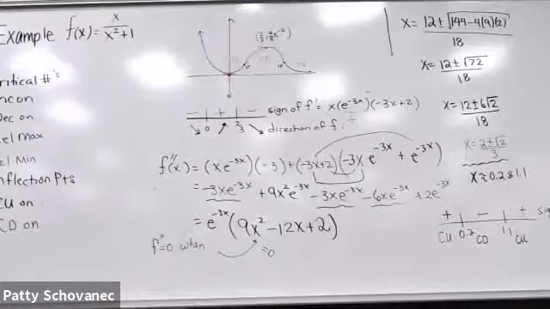So do the quotient rule on your first derivative. It's going to take some simplifying. Make sure you can simplify it enough to get you 2 critical numbers.